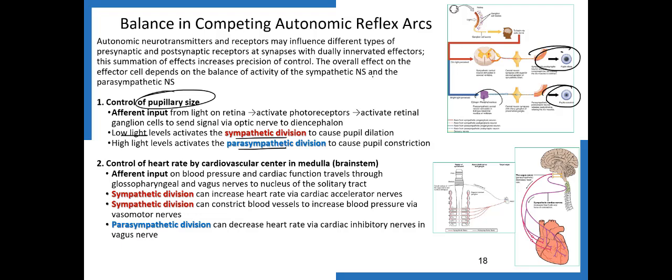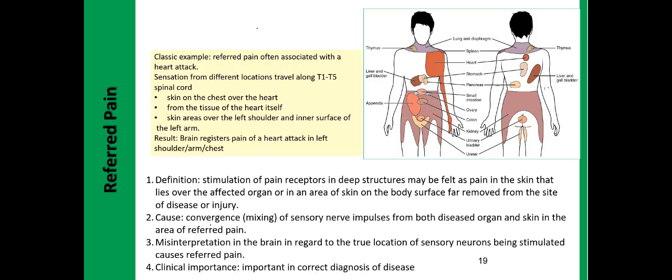Again, heart rate, sympathetic division increases heart rate, increases blood pressure, whereas the parasympathetic division decreases heart rate via the vagus nerve. And then lastly, the concept of referred pain.